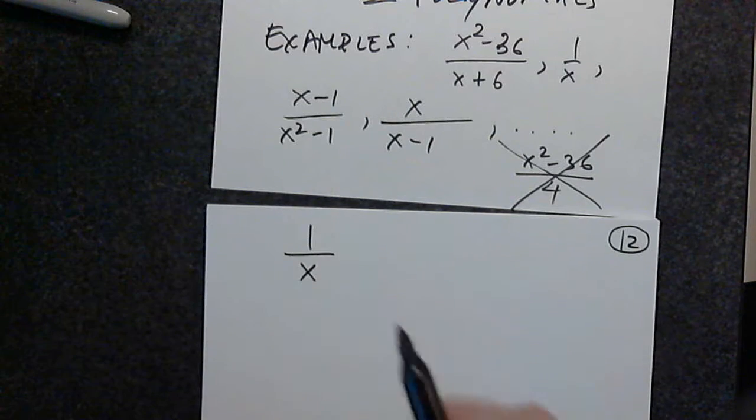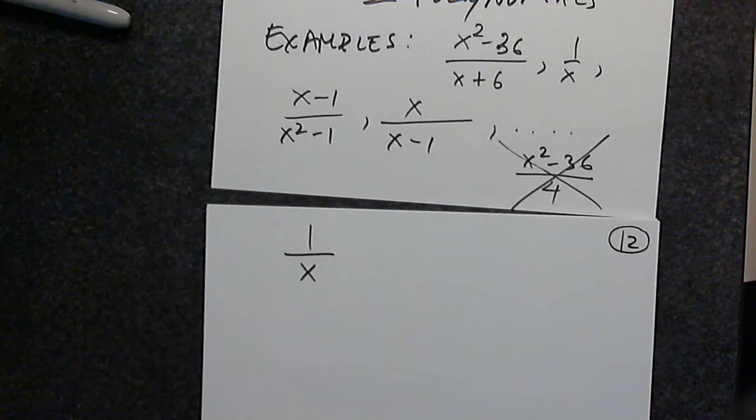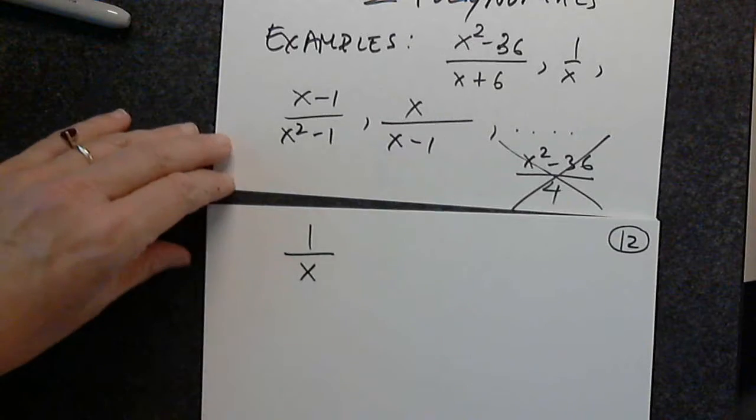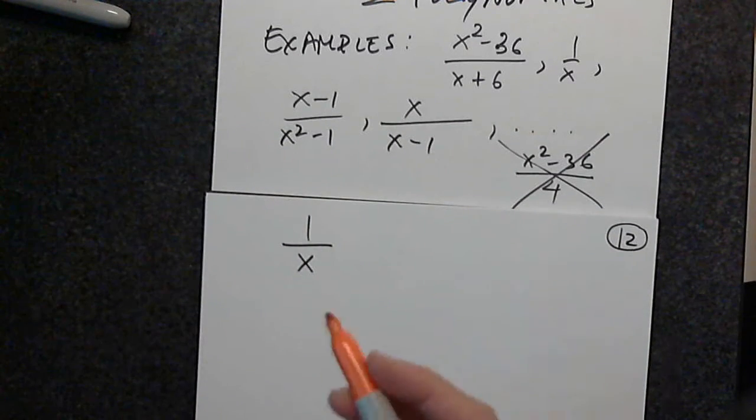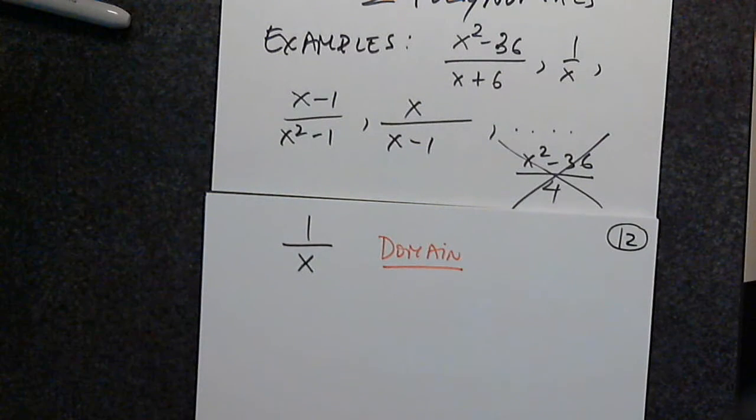So one rational expression is 1 over x, one of these 4 examples that I gave. If I ask you to determine the domain of this expression, what will you say? Or maybe I ask you, what is the value of x that you will not be able to evaluate this expression for?